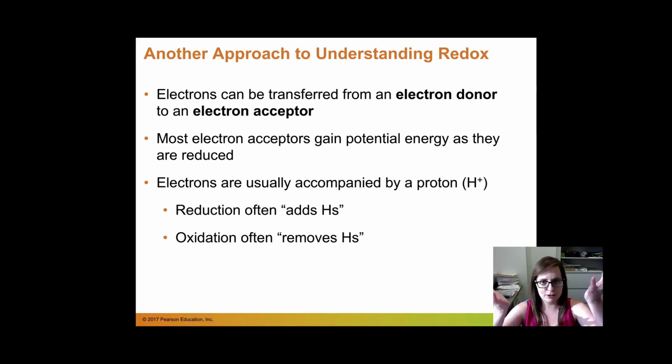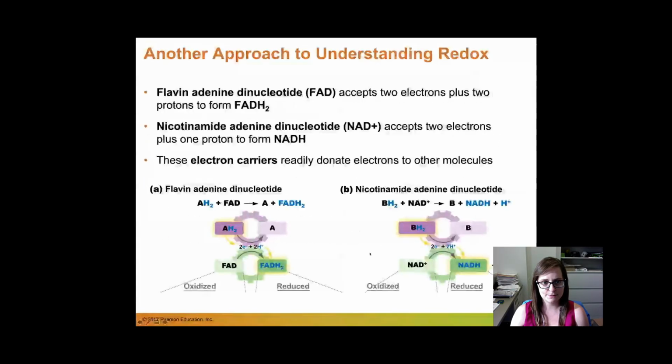Electrons are usually accompanied by a proton. So when something is reduced, it often adds an H to it. I always say reduction, try to make an H noise in there. And then oxidation removes the H's.